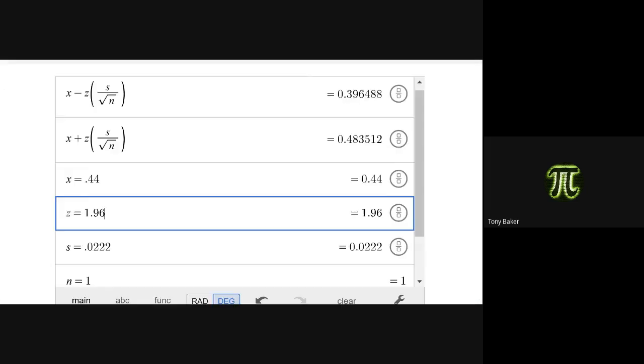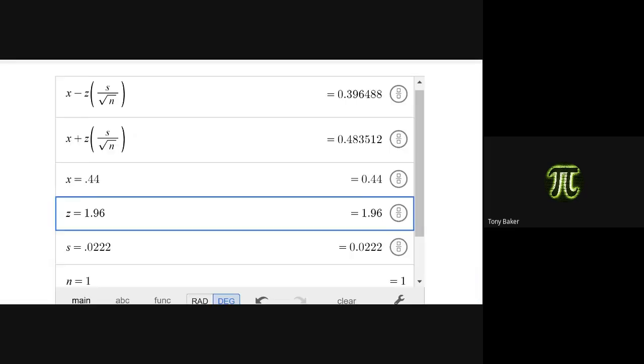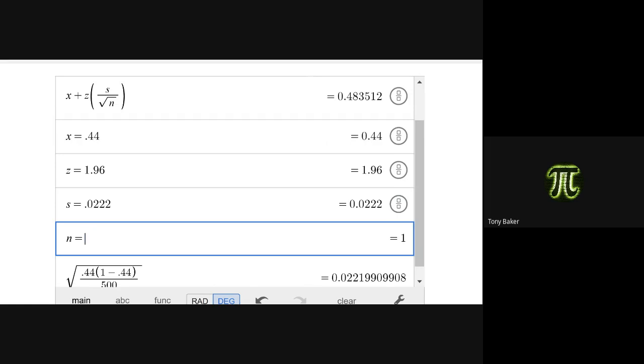This is one of those little tricks so you don't have to keep typing in your formulas a million times. Remember, because in this one I divided by the square root of n already, I don't have to divide by the square root of n in my formula. What's the square root of 1? 1. You can just make that n equal 1 in your formula, and it basically eliminates that, so you don't have to retype it. Don't put in the 500 because that's going to screw your formula up. But if you put 1 in there, it won't.